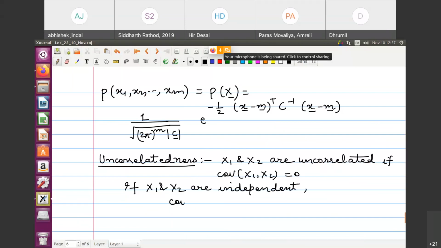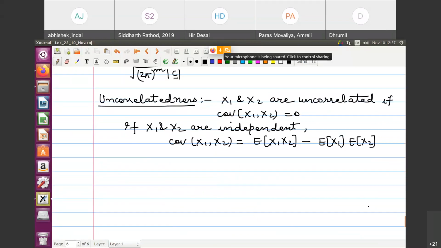The covariance of x1 and x2 is the expectation of x1 times x2, that is the product, minus the product of the expectations. Now we know that if x1 and x2 are independent, this gives you 0.